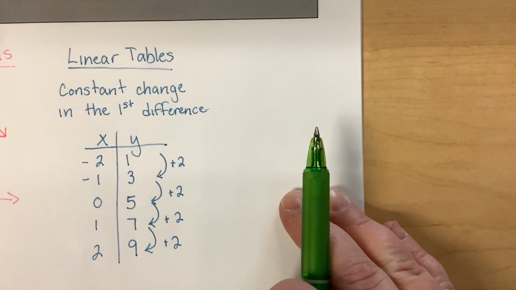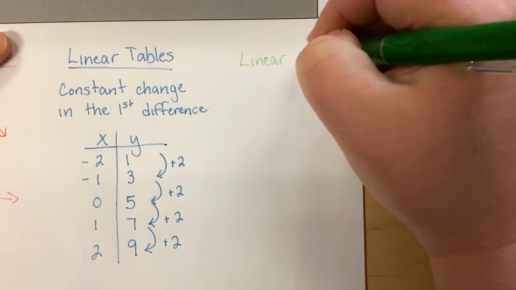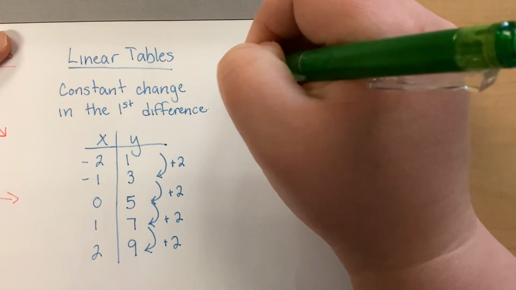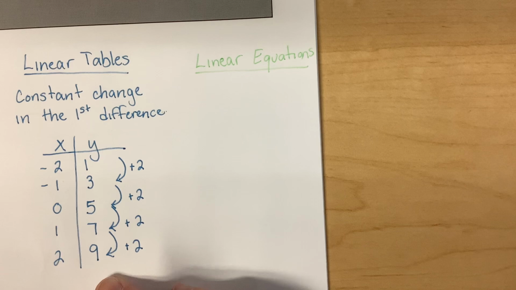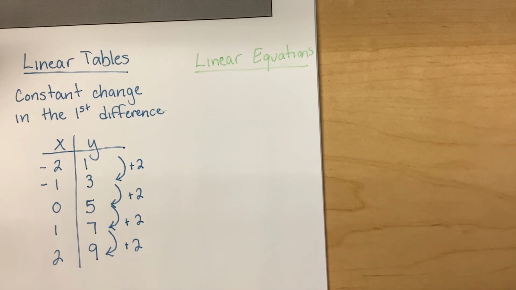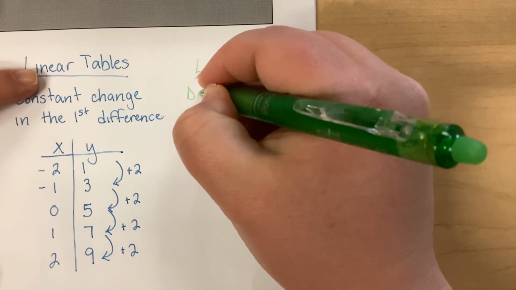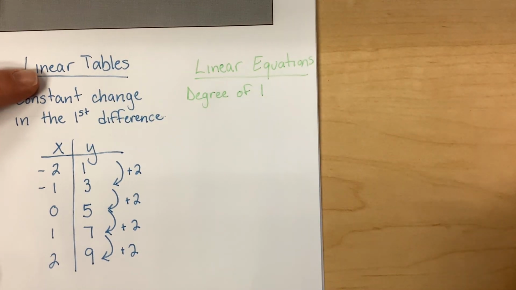Now, finally, when you talk about linear equations, it's important to note that the x term is not any higher than the first power, okay? So it has a degree of 1 for most of the cases.